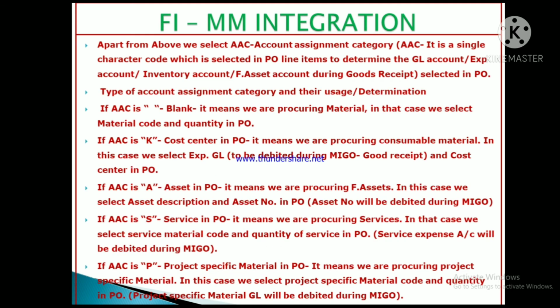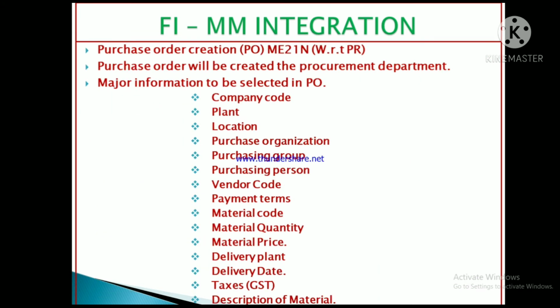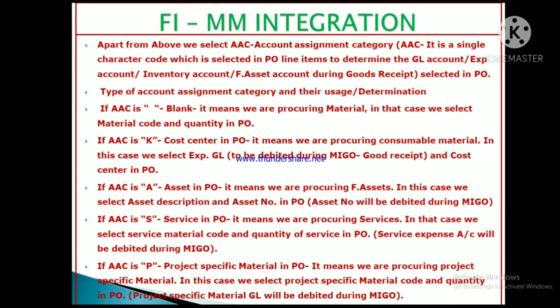Now, apart from the above, we select the AAC. What is meant by AAC? Account assignment category. I already explained it in my previous video. Today I am giving you a short description. Apart from this information, we will select the AAC relevant to your material.